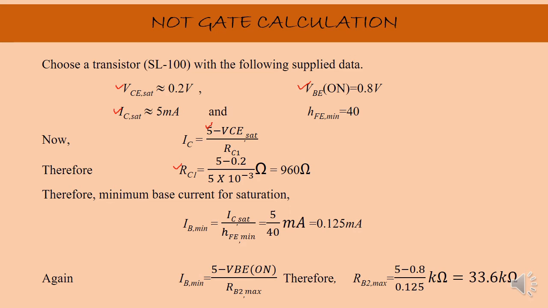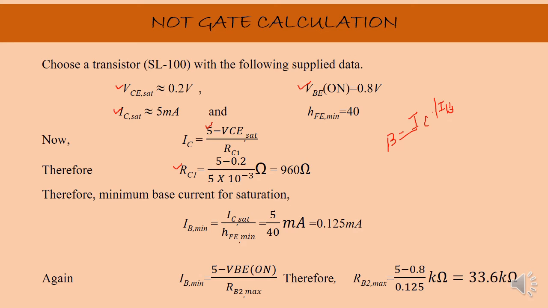Similarly, we calculate the minimum base current for saturation, that is IB minimum. IB minimum equal to IC by HFE. We know in a transistor that the beta parameter equals IC divided by IB.